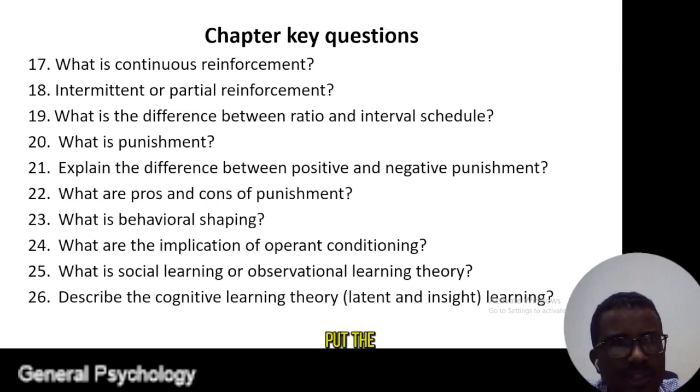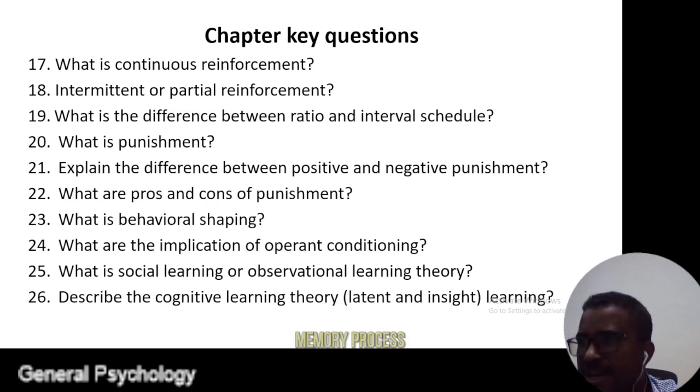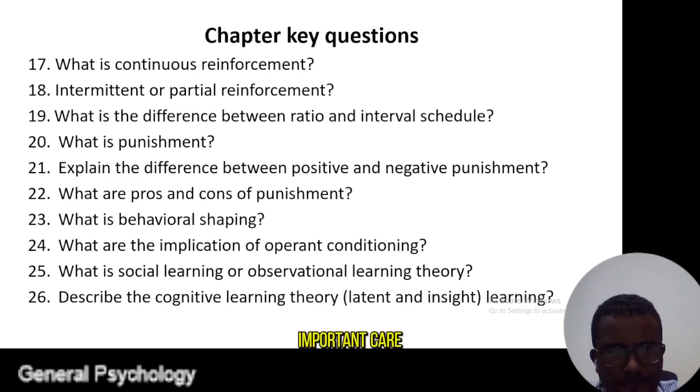You will put the meaning, the definition of operant conditioning. Then you are going to identify or figure out the advantage, the implications, the importance of using operant conditioning in the learning process as one important theory.